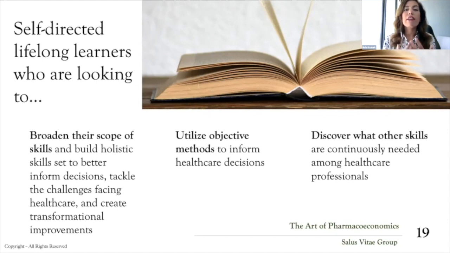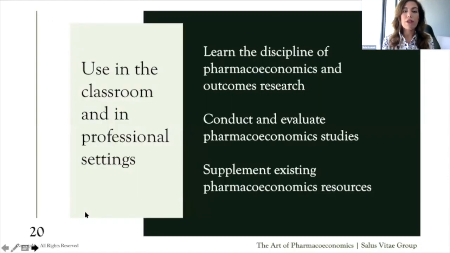And then also, like we had mentioned early on, right at the beginning, if you want to utilize more objective measures to inform healthcare decisions, this allows you to create those frameworks and those tools to start thinking about it like that. And then, of course, as many of us are trying to build the skill sets of the current and future needs, this is definitely going to be one, because like I mentioned, at least over the last 10 years, it has substantially grown and has definitely grown over the past 20 or 30 years.